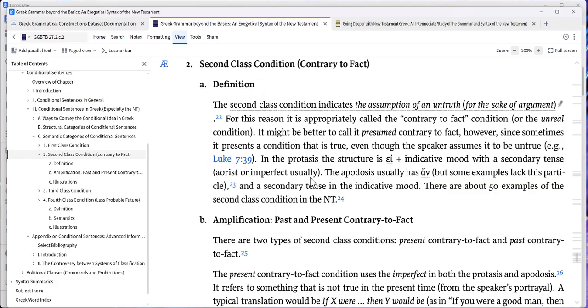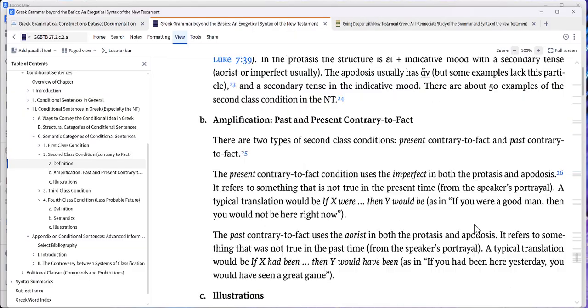There are about 50 examples of the second class conditional in the New Testament. And we're going to analyze the Greek so you can see what is the protasis and what is the apodosis.